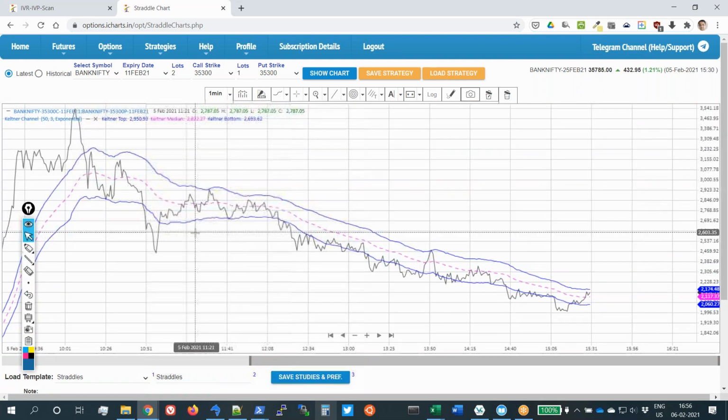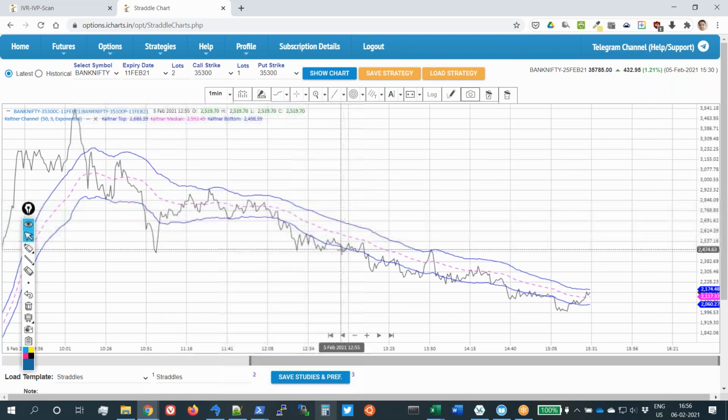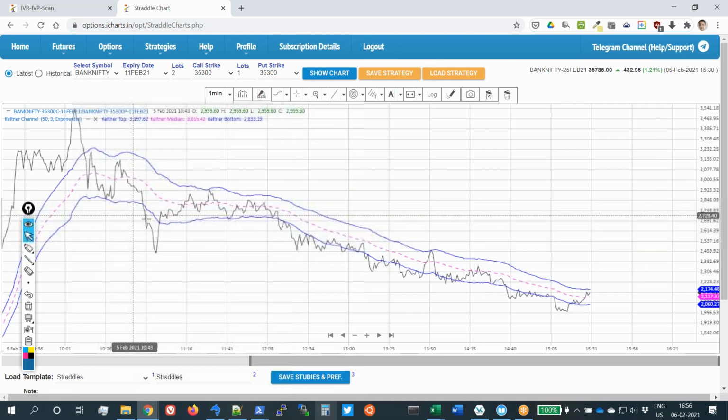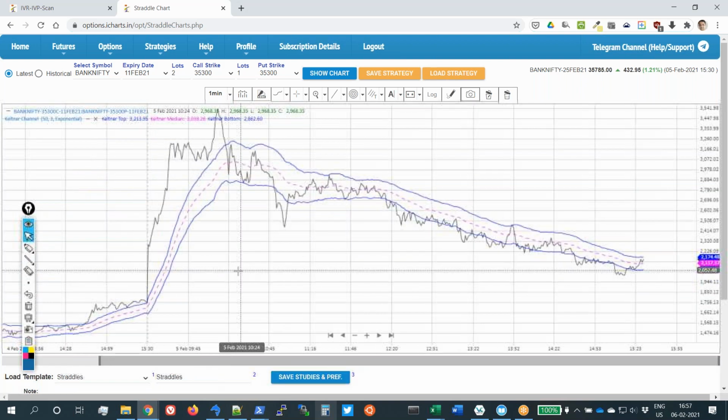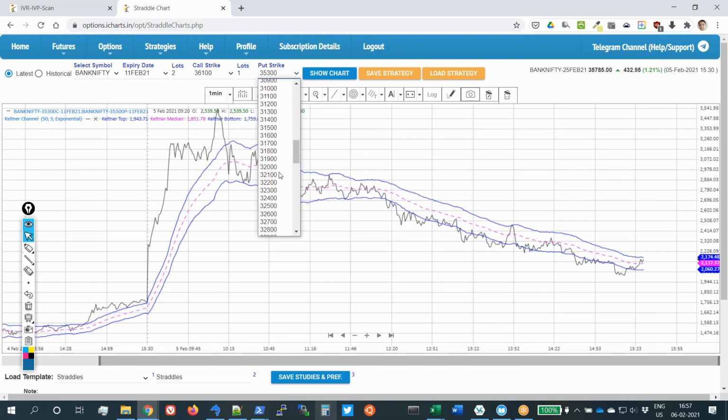So this is the basic thing. You can look at my detailed webinar that I had done on whether it is strangles or straddles. This is what I do. Basically, you initiate it over here. Bank Nifty was somewhere around 361 in the morning.